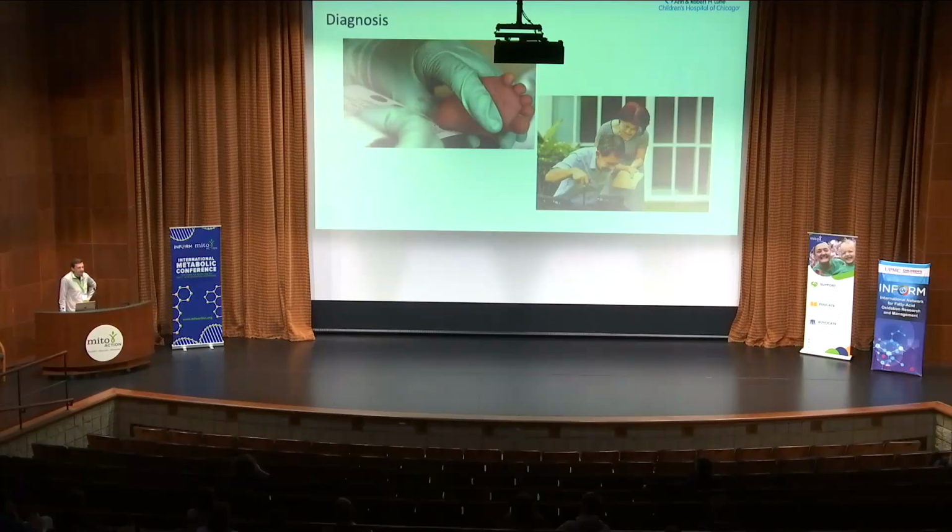With disorders of fatty oxidation, even coming to diagnosis, we know we're fortunate in the US to have newborn screening for many of these disorders, but not every state screens for all 6 disorders. There are states that do not include some of the carnitine disorders on their newborn screening panel.